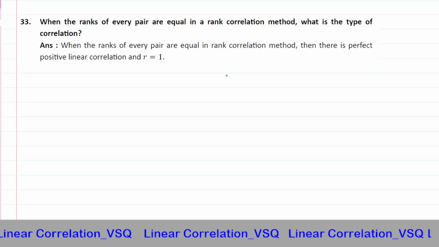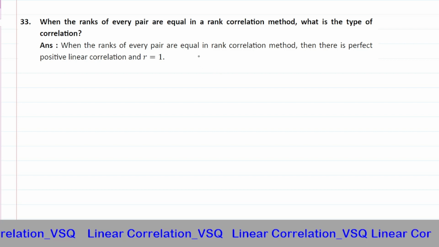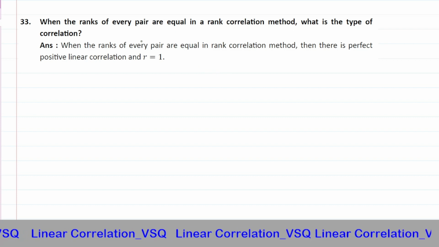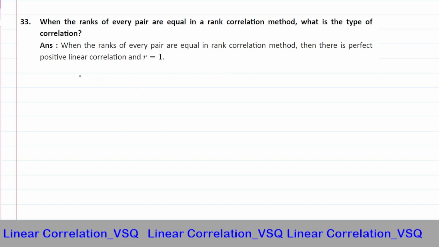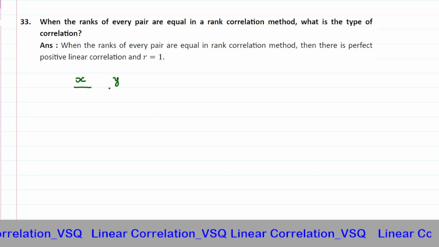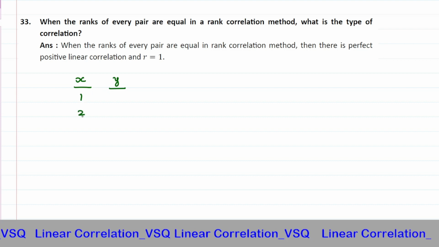Question number 33. When the rank of every pair are equal in rank correlation method, what is the type of correlation? R equal to 1. Let us calculate when the pairs are equal, like 1, 2, 3.